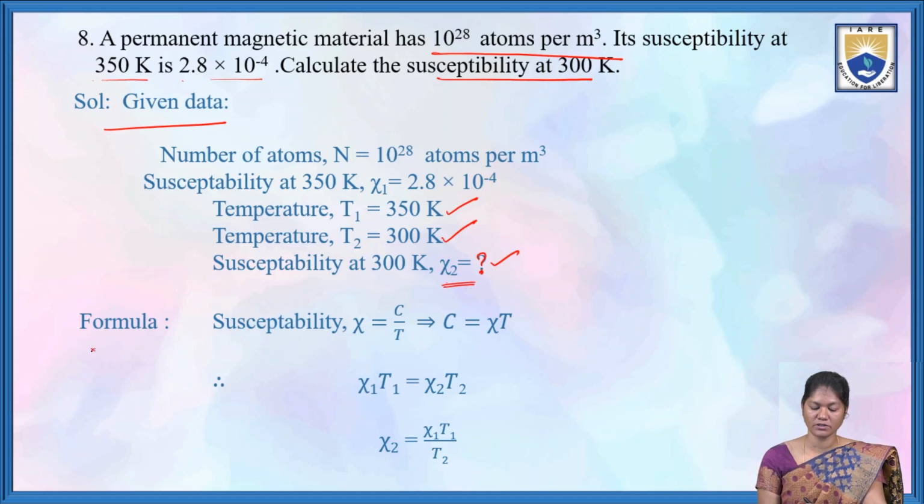The formula we are using in this is susceptibility Chi is equal to C by T. So C is equal to Chi T. When taking susceptibility at two temperatures, Chi1 T1 is equal to Chi2 T2. So from this, Chi2 is equal to Chi1 T1 by T2.